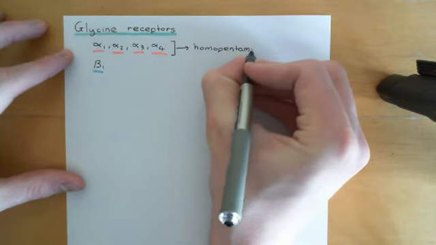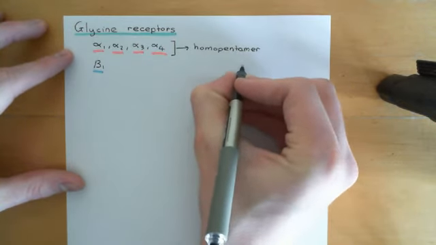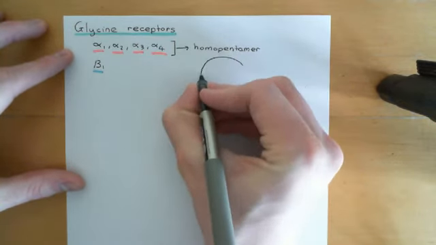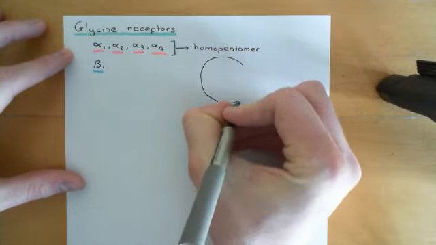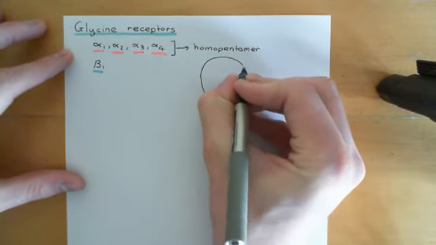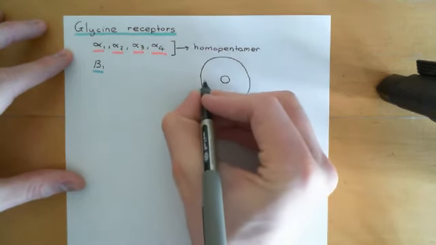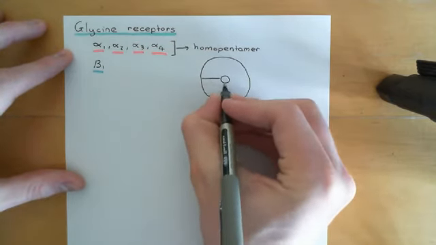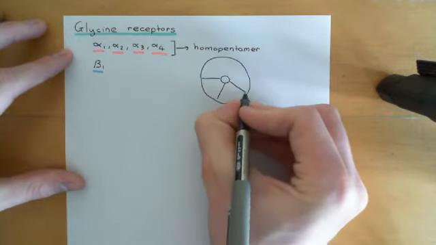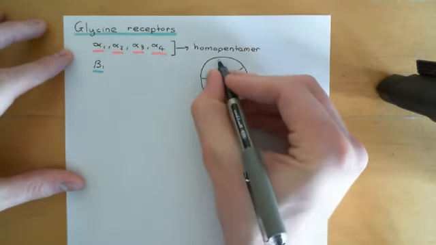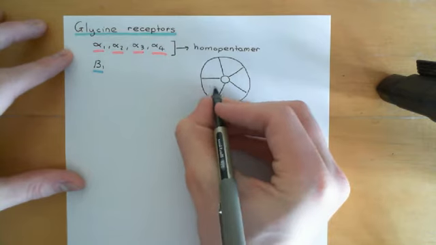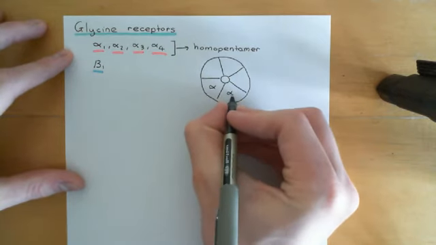What you'll do is take 5 identical alpha subunits. You'll either pick alpha 1 or alpha 2 or alpha 3 or alpha 4, you'll pick one of those types, make 5 identical subunits, and stick them together to make your homopentamer, and this is what it will look like from above. All of these are an identical alpha subunit.